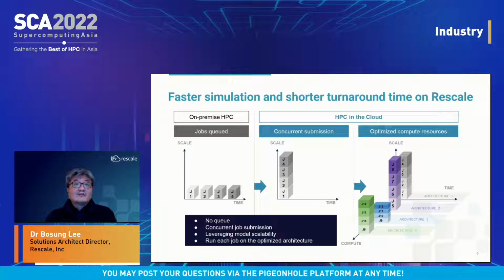For example, GPU applications can be submitted to GPU core types, and high memory jobs will be run in the high memory core types at the same time. In this way, the user's simulation time and cost can be optimized in Rescale HPC Cloud very easily.